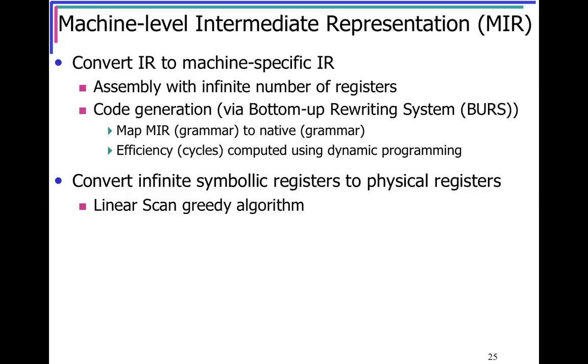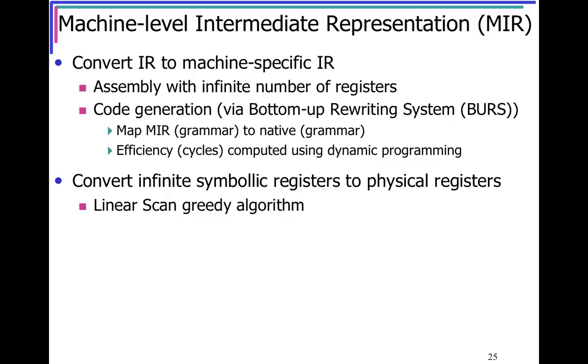We then invoke a code generator, and typically compilers incorporate a code generator that is produced by a code generator. That is, there is software that's called code generator generators. This is software that produces code generators.